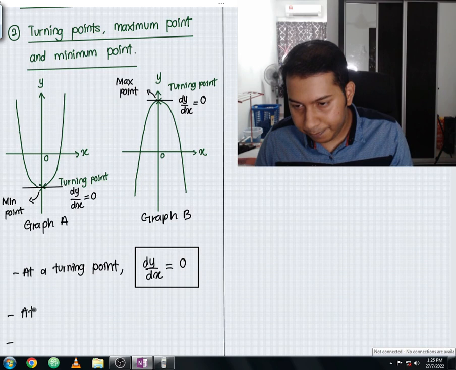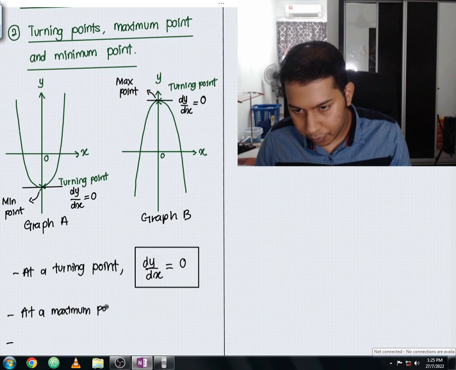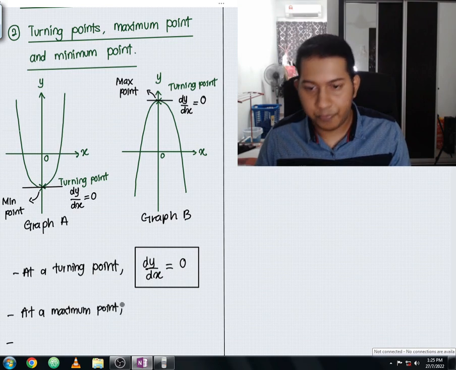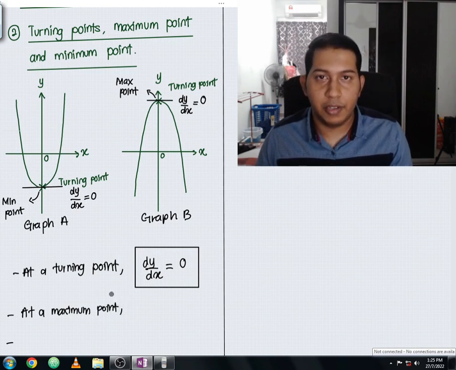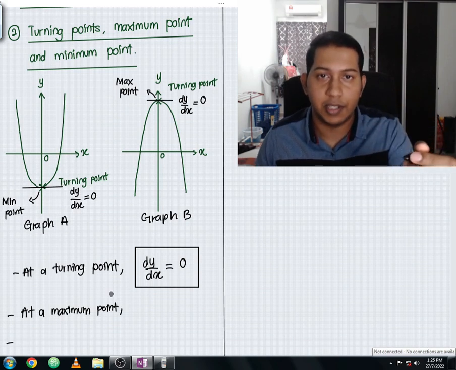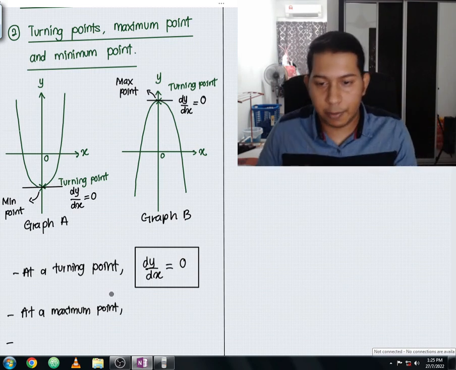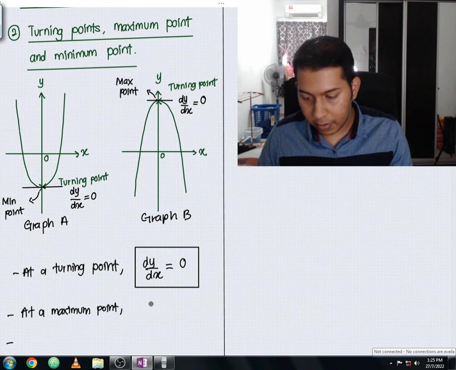So at a maximum point, how to find the maximum point? You need to perform double differentiation, or the second derivative. So in that case, your d squared y over dx squared.